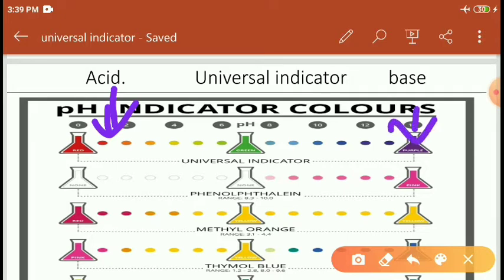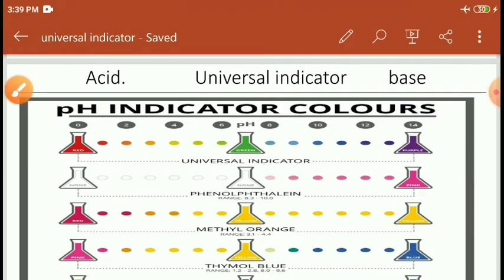These are all bases, and here these are all universal indicators. On the left-hand side all are acids, on the right-hand side all are bases, and in the center are the universal indicators.